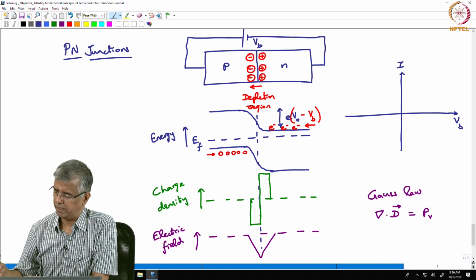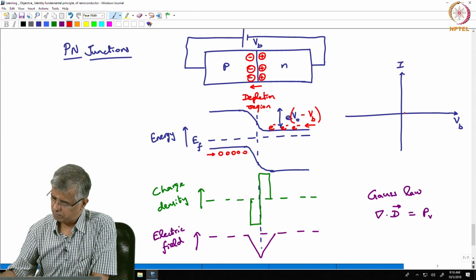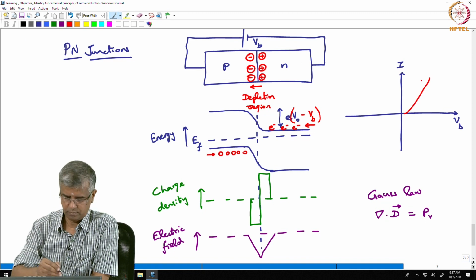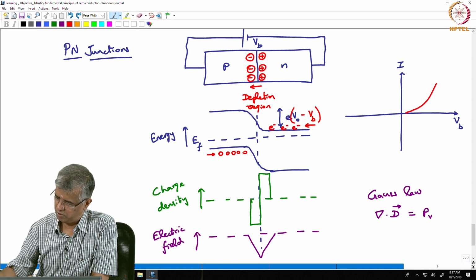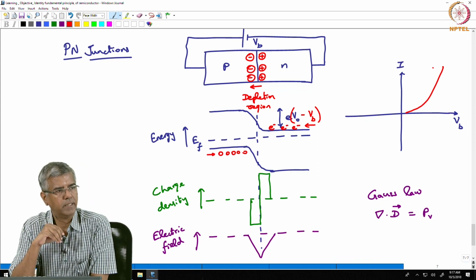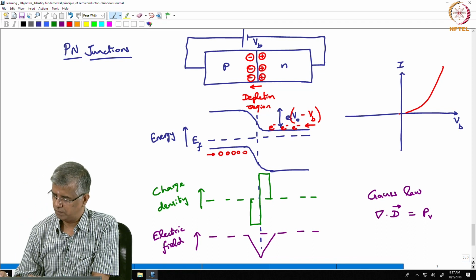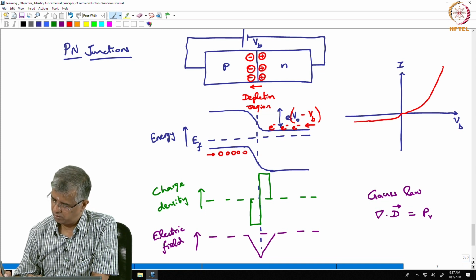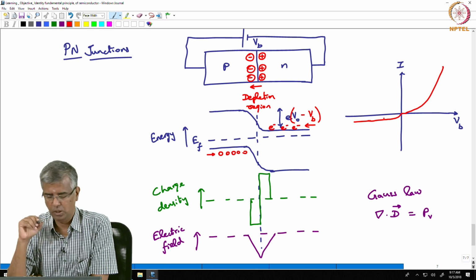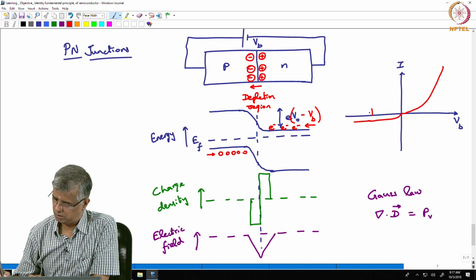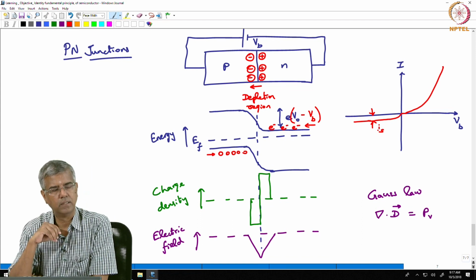And what we will see in this case is under forward bias conditions, beyond a certain built-in potential, you have an exponential increase in the current, and on the reverse bias you should not see much current flow, but nevertheless there will be a very small current which may be called IS, okay, just capital IS, right.